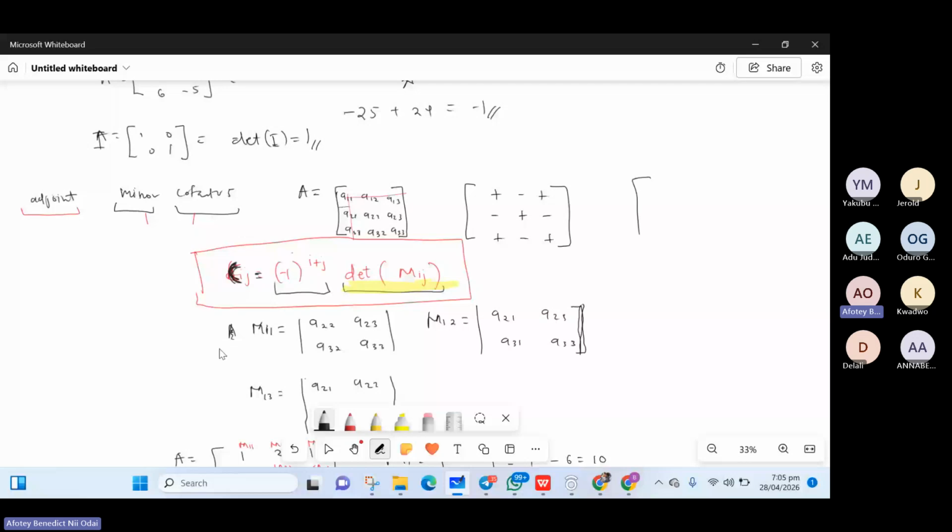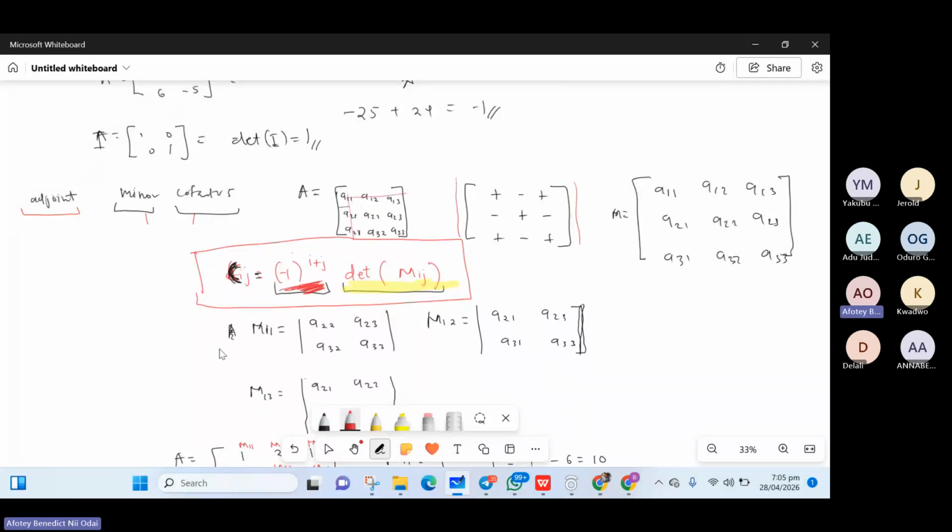Let's say you have the matrix of minors being equal to A11, A12, A13, A21, A22, A23, A31, A32, A33. Now, when you have your minors, to turn your minor into the cofactor, you refer to this table, this matrix, which is this thing we are having over here.